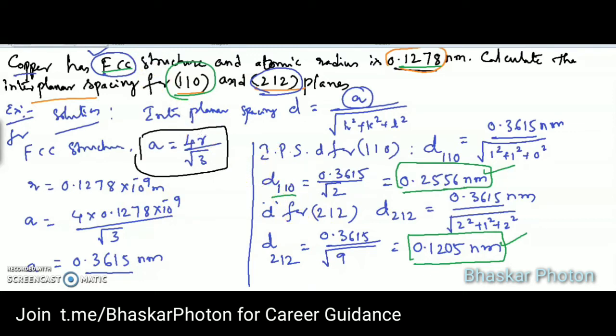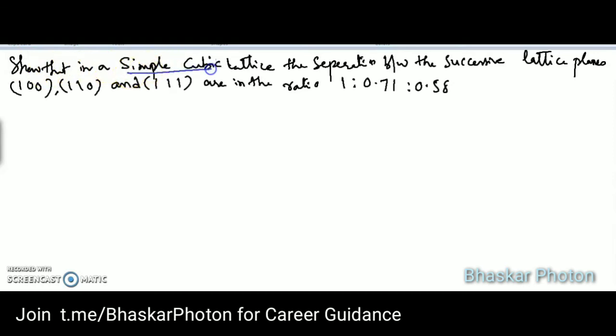Hope you understood. Show that for the simple cubic lattice, the separation between the successive lattice planes 100, 110 and 111 are in the ratios 1:0.71:0.58.